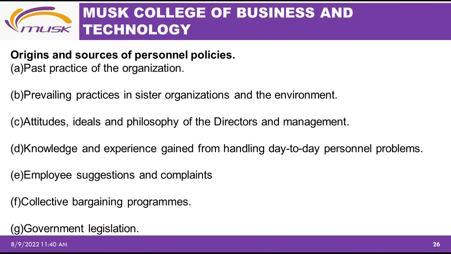Collective bargaining programs are agreements between unions and employers. So whatever has been agreed, when it's written down, we call that collective bargaining. If there are things that brought problems around strikes and anything, once that has been sorted, we can see how to develop policies around that. The other one is government legislation or government laws. I have talked about employment law, a good example that should be able to guide us as we develop policies.